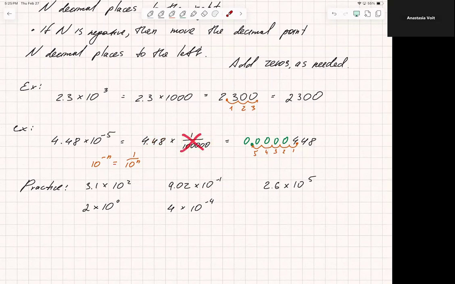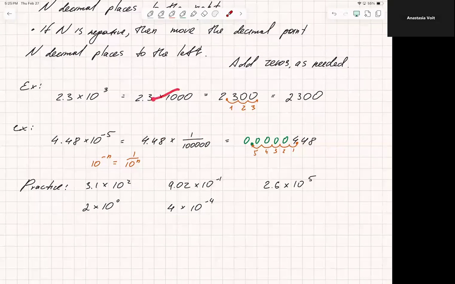We don't have to write this step. You can just straight away move your decimal point either to the left or to the right. When n is negative, we move it to the left. How many units do we move this decimal point to the left? Exactly, 5 units.